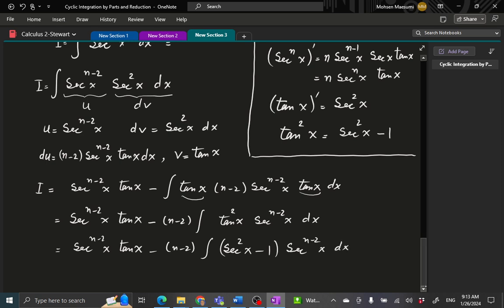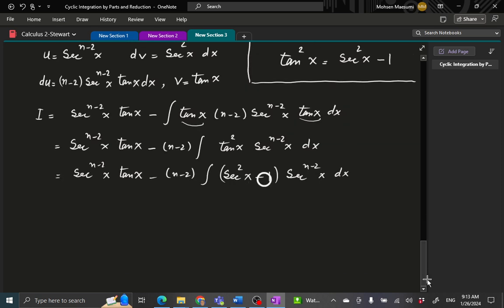Again, now we see the light at the end of the tunnel, that when I multiply this with that, I get my secant to the power of n back. And that's the cyclic or self-referential or circular or deja vu aspect of this. Everybody has a different name for it. And some people say don't give it a name.